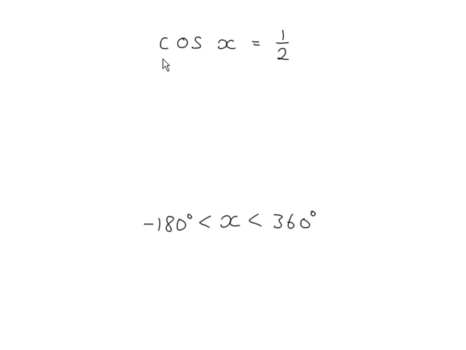Let's say we're trying to solve this equation here, that cos x is equal to 1/2, and we're only interested in those values of x which are in this range here, -180 degrees to 360 degrees. So on the same graph I'm going to sketch y is equal to cos x and y is equal to 1/2.